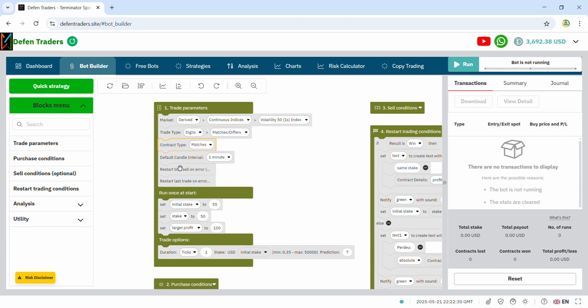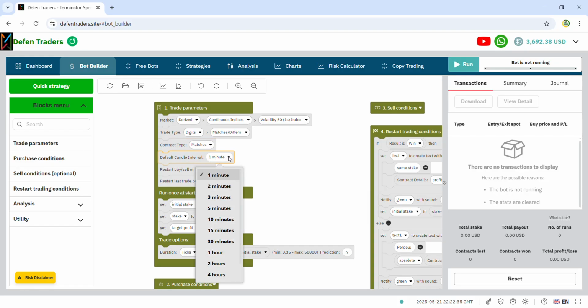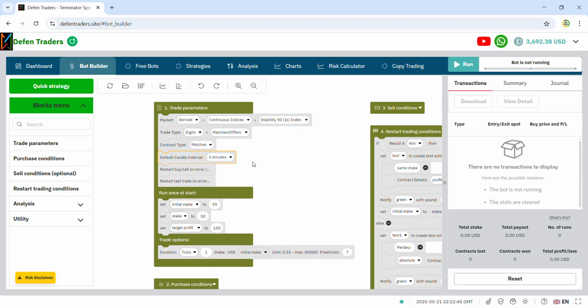The default control interval means this is a time frame. You've made your analysis based on a specific time frame on the Deriv charts. Let's say a 5 minutes time frame. That's the time frame you want to trade on, so make sure that you also input that time frame there.